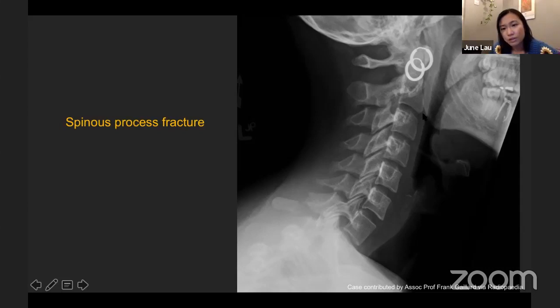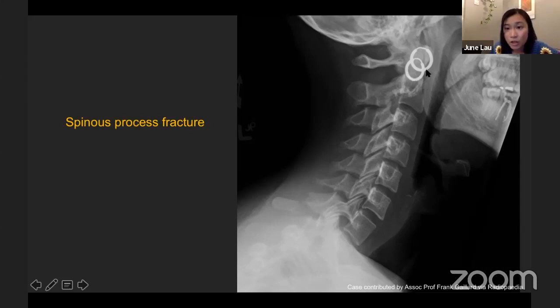C2 dislocation. I think perhaps this region here was just a bit confusing. What you've got here is the oropharynx. You've got soft tissue of your tongue here. This is the edge of your mandible just there.